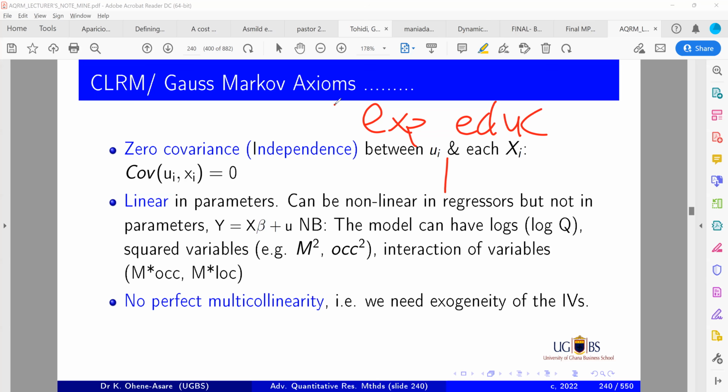The word exogeneity, not endogeneity, but exogeneity means that the independent variables are not dependent on each other. That is exogeneity. They are separate on their own. There is no dependency. Exogeneity is independence of the independent variables. Take note. These are critical terminologies that you want. Okay. So that is what we discussed earlier.